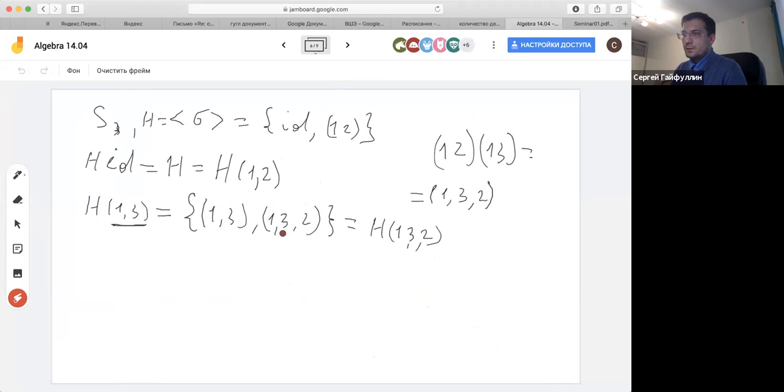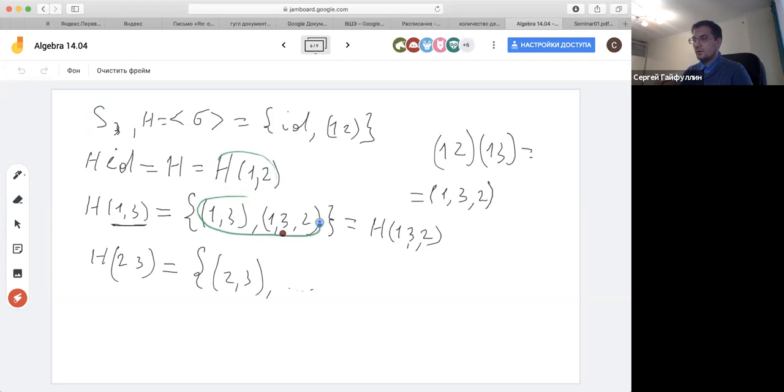And the last one is 1 multiplied, for example, by 2, 3. And it equals, let us see, 2, 3. And I need not solve what is the element of this cassette, because there is just one element of S3 which is not in this and in this, and which is not here.